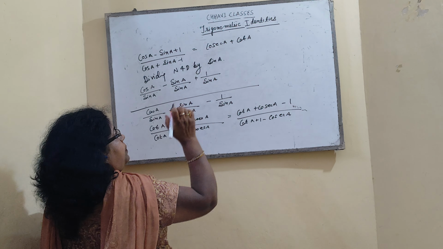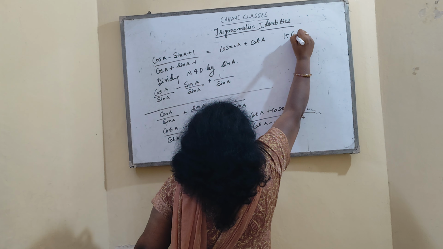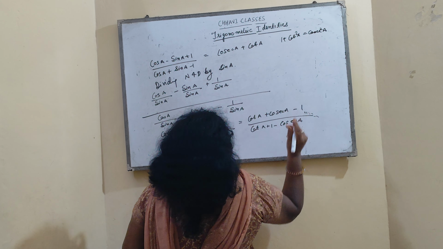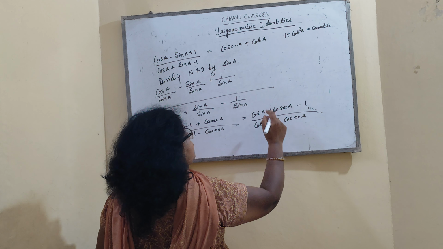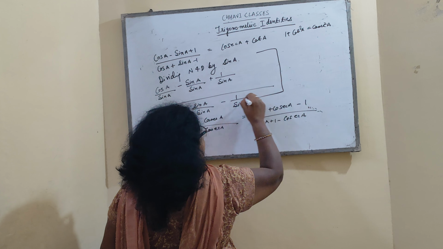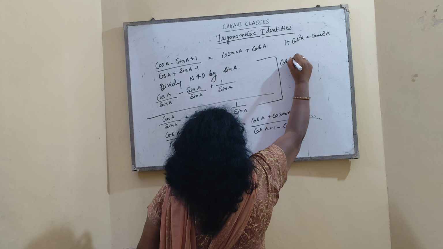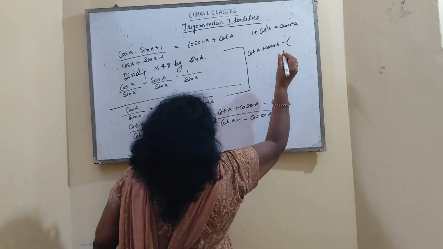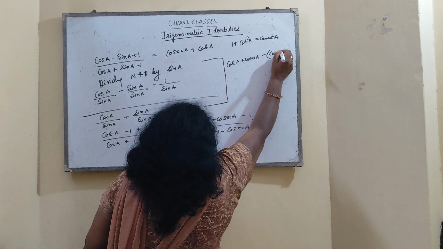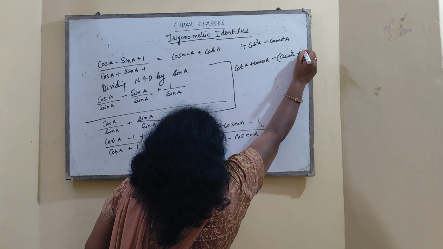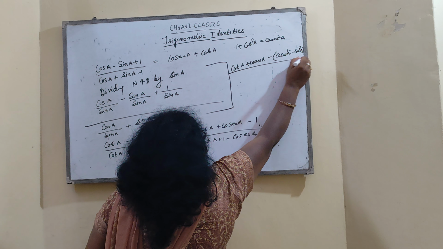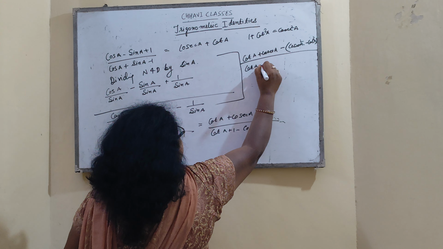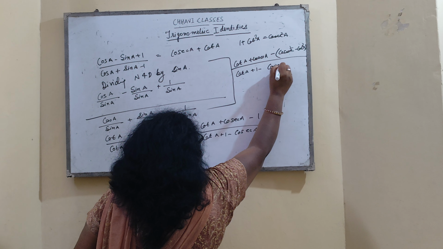As we know that 1 plus cot square A is equal to cosec square A. So in place of 1 I can write down cosec square A minus cot square A. So cot A plus cosec A minus (cosec square A minus cot square A) upon the denominator, which will be the same only: cot A plus 1 minus cosec A.